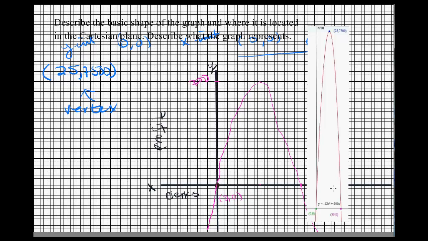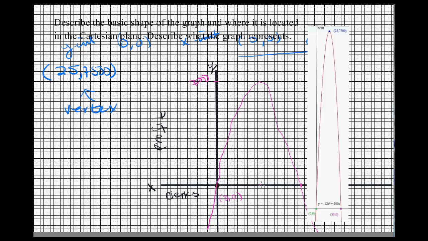In this particular example, we learned that it's going to take 25 clerks to actually maximize the profit, because remember the maximum profit is going to be the vertex. That's going to be the highest point. We figured out that the maximum profit is going to be $7,500, so that is the y-coordinate of the vertex.